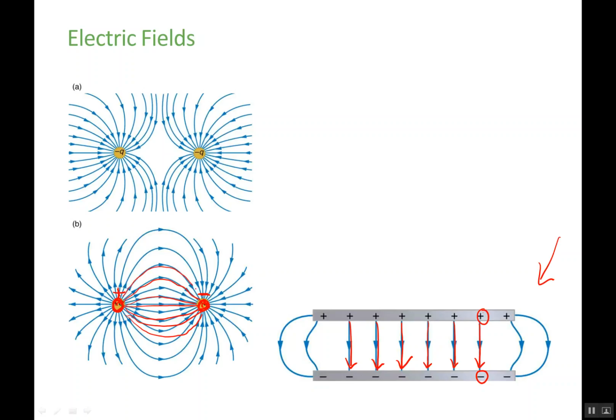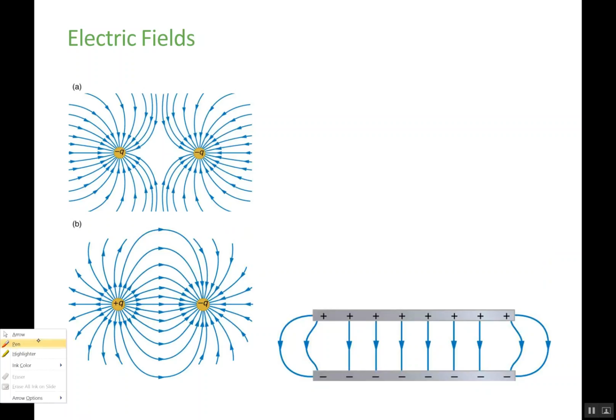Again, the electric field lines at any point in space point in the direction a positive charge would move if it was subjected to that field. So if I put a positive test charge right here, it would move in this direction. That reflects the fact that it's simultaneously being repelled by the positive charge and attracted to the negative charge, and the net effect is to move in the direction of the field lines.